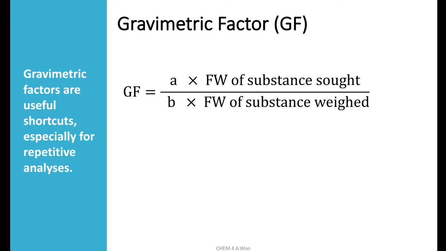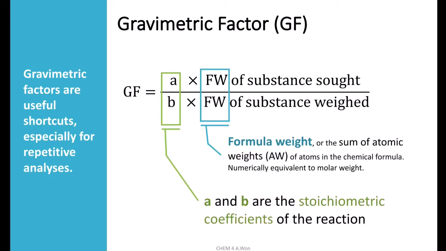The formula of the gravimetric factor is, like I said earlier, a combination of constants. It is also expressed in this equation right here, where A and B are the stoichiometric coefficients or the mole ratios, and in the numerator is the formula weight of the substance required or sought, and in the denominator is the formula weight of the substance weighed.